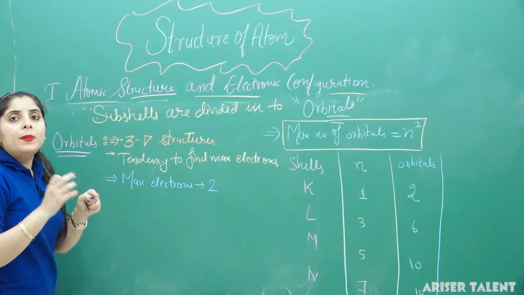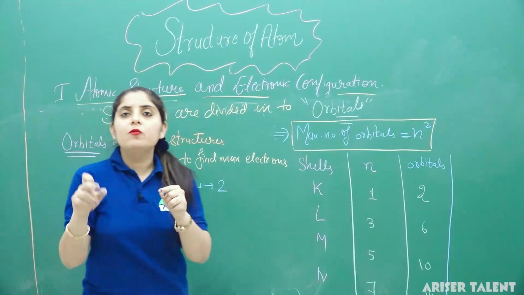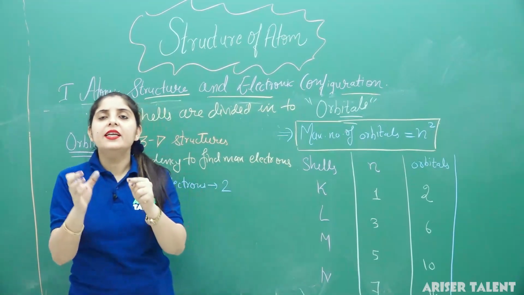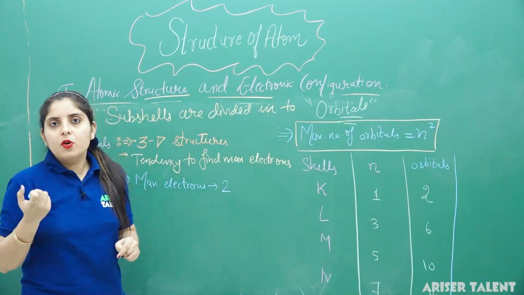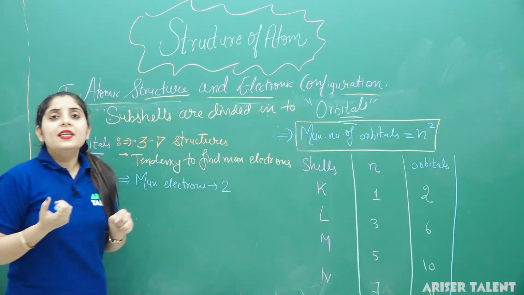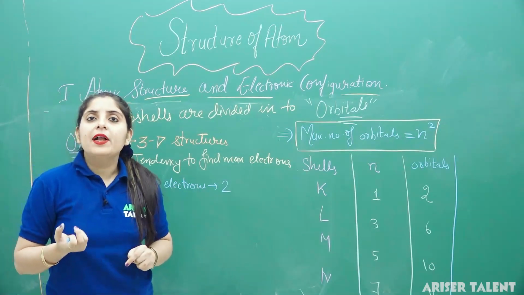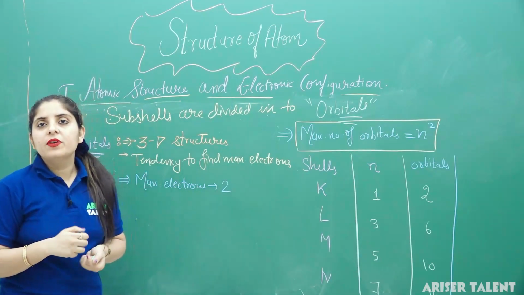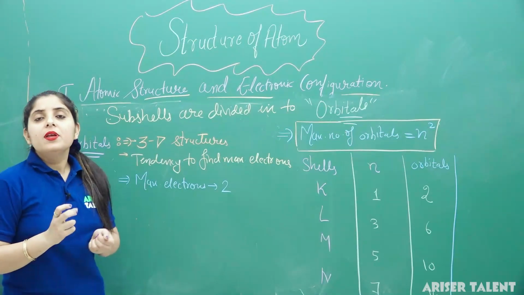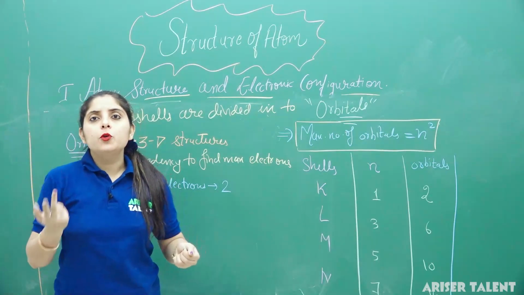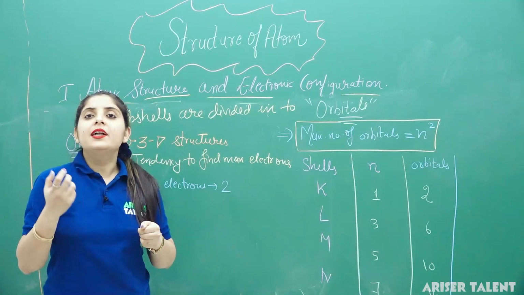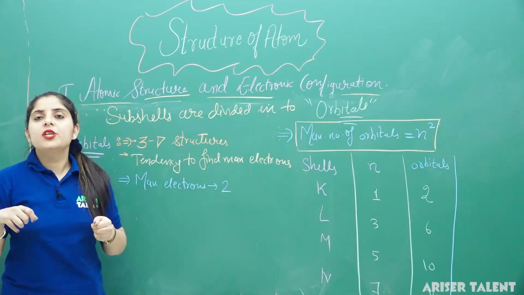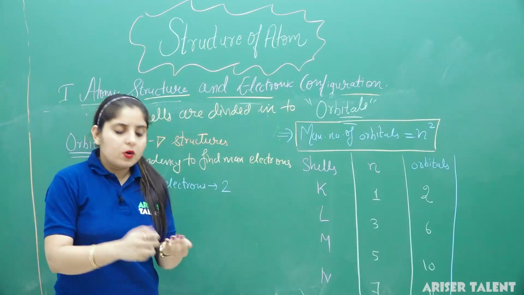So orbit is a path in which the electron will revolve, and orbital is a 3D structure in which there is a capability to find maximum number of electrons. Now it is necessary to calculate the number of electrons to write the electronic configuration of an atom. If an outermost shell contains 2 electrons, we will say that it is called duplet. If it contains 8 electrons in the outermost shell, we will call it an octet.